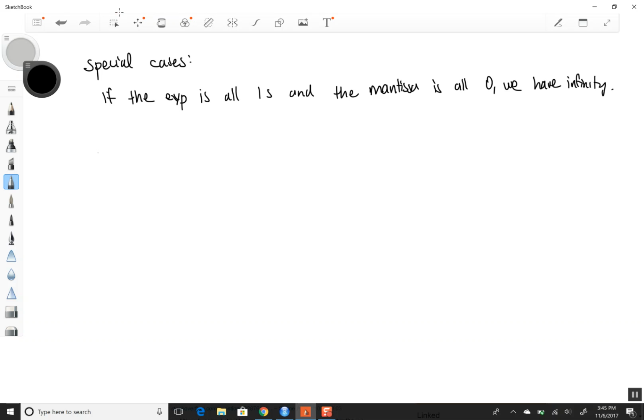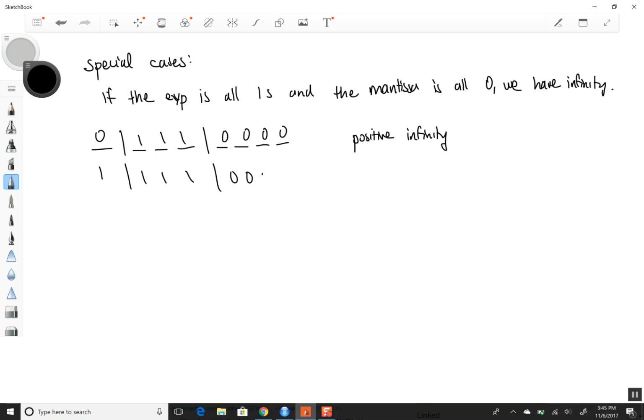Okay, so in this case, if I have 0, 1, 1, 1, and then 0, 0, 0, 0, this is positive infinity. And 1, 1, 1, 1, 0, 0, 0, 0, this is negative infinity.